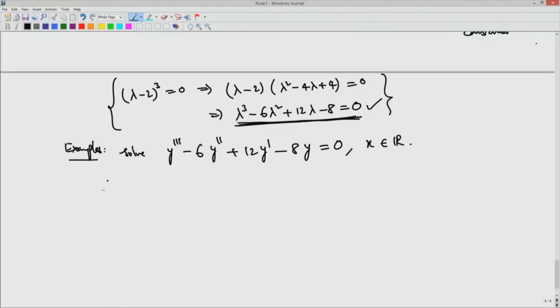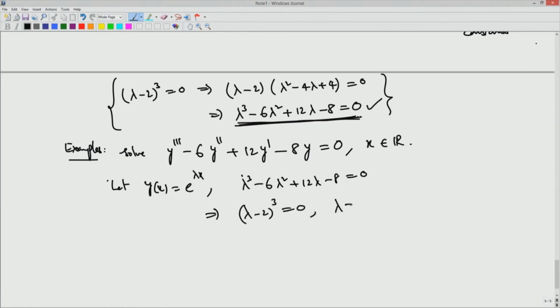So as a solution, we always look for the solution in this form, e power lambda x, then lambda satisfies lambda cube minus 6 lambda square plus 12 lambda minus 8 is 0. That we know already. So assume that I know. So this will have lambda equal to 2, 2, 2, repeated roots.